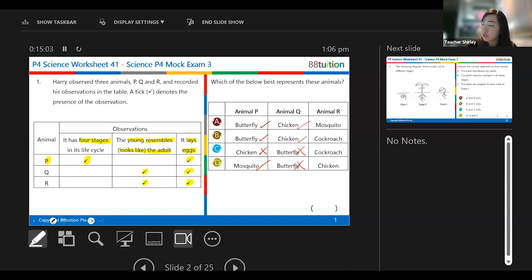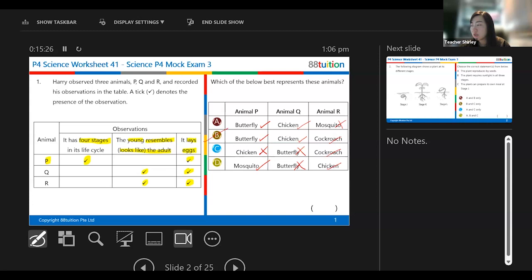So you've got to ask yourself, does the mosquito young look like the adult? No. The mosquito larva, mosquito pupa, and the adult do not look alike. So this is out. Cockroach? Yes, the cockroach nymph looks like the adult cockroach. And the chick, yes.